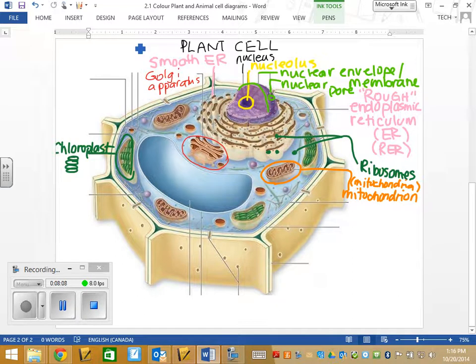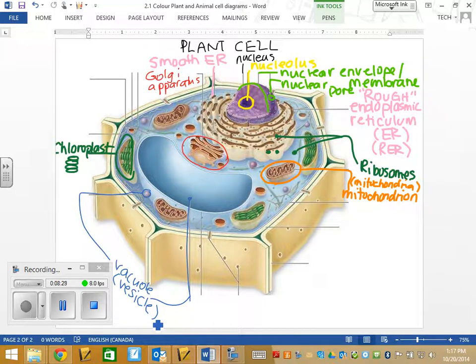Now we have two examples of really the same thing. This line right here and this line right here are both pointing to a vacuole or a vesicle. It basically means a sac that's holding something.